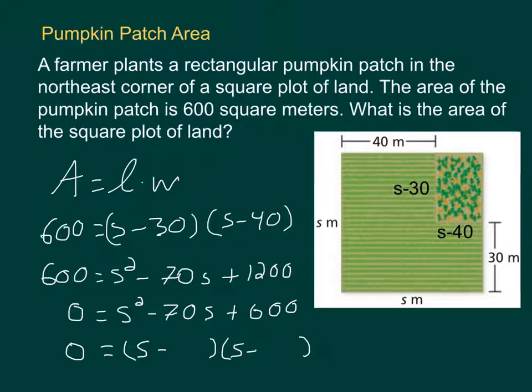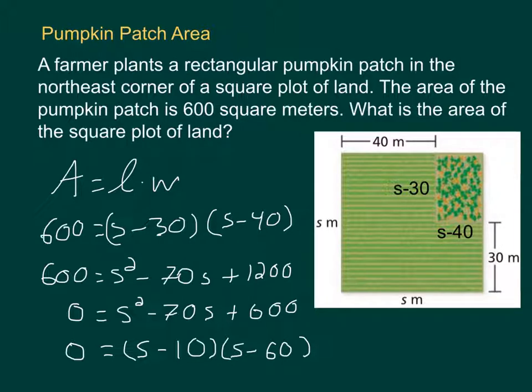Now once again, I try to figure out what two numbers multiply to 600 and add up to 70. Well, if I try a couple of different things, I'll recognize that I get s minus 10 times s minus 60. Quick FOIL will show that that goes back to our original polynomial of s squared minus 70s plus 600.